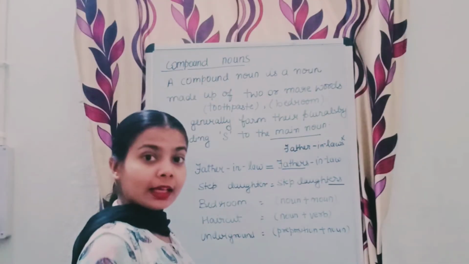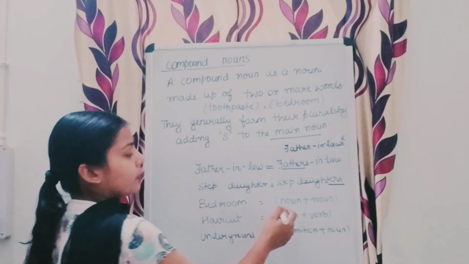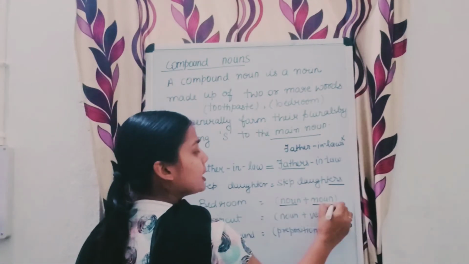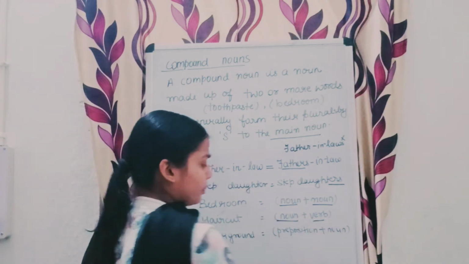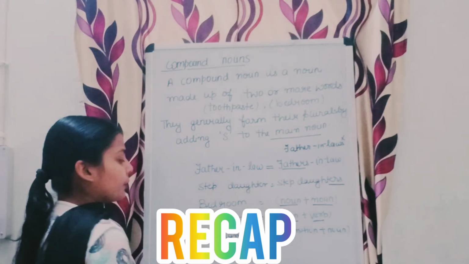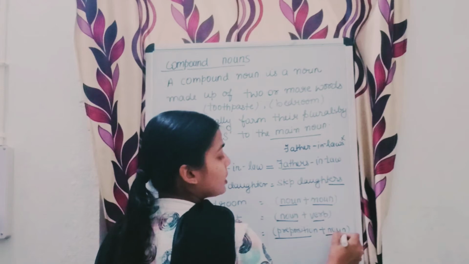We will add s in daughters. Then bedroom. Again it's a combination of two nouns, noun plus noun. Then haircut, noun plus verb. Cut is a verb, cut, cutting, cuts. Underground, under is a preposition and ground is a noun.